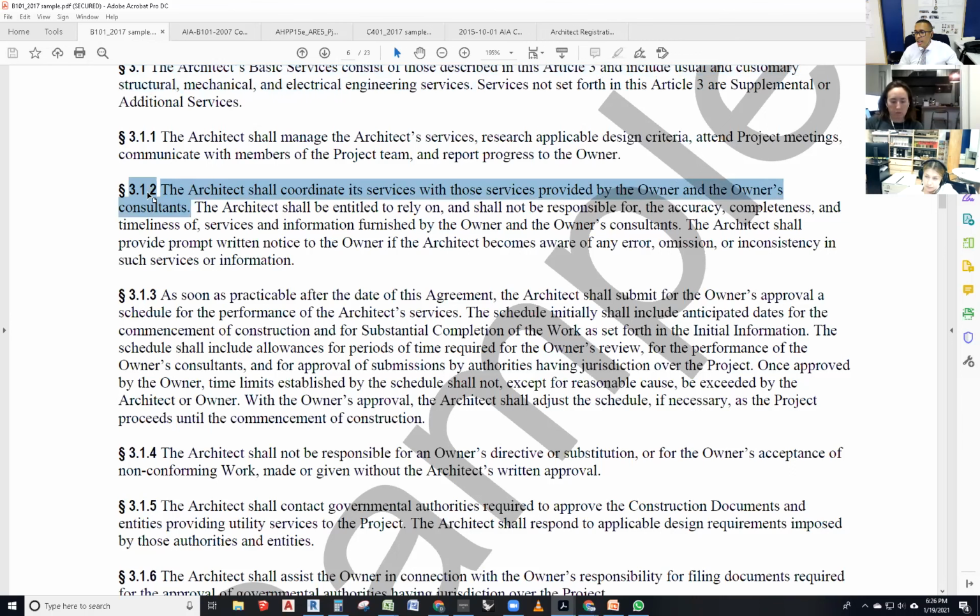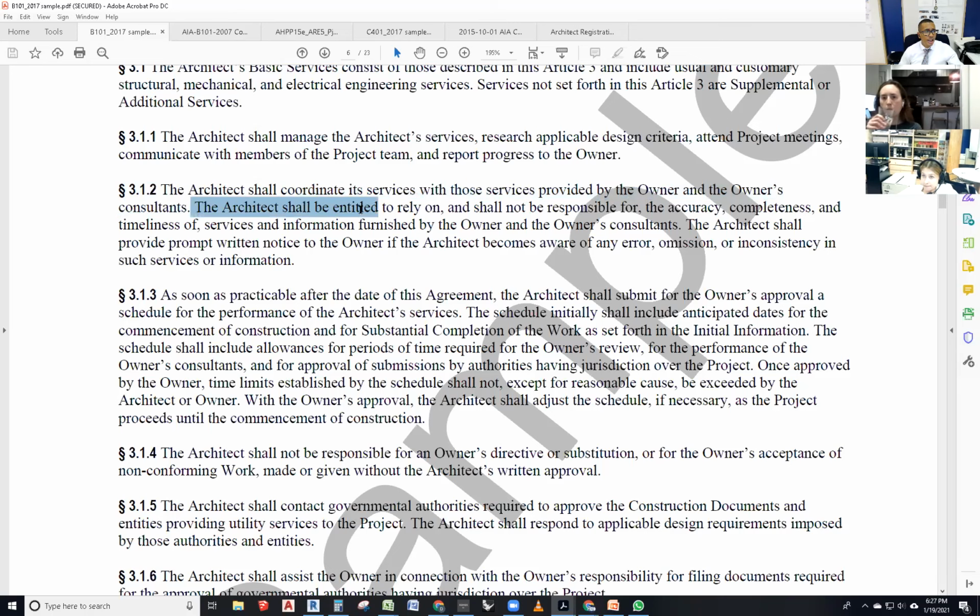If the owner hires an interior designer, shall the architect be coordinating with their interior designer? Yes. That's right. So this is a very good practice management question. You've got to coordinate your services with the services of other consultants. Even if you don't hire them, you still have to coordinate with them. They don't work under you; they work for the owner directly. You still have to coordinate with them.